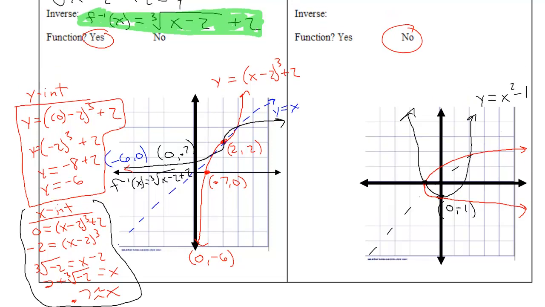Now let's first find the x-intercepts for this black function. I know what the y-intercept is. To find the x-intercepts, I put 0 in for y and get x by itself. Add 1 to both sides, square root both sides, I get plus or minus 1. That's my x-intercepts.